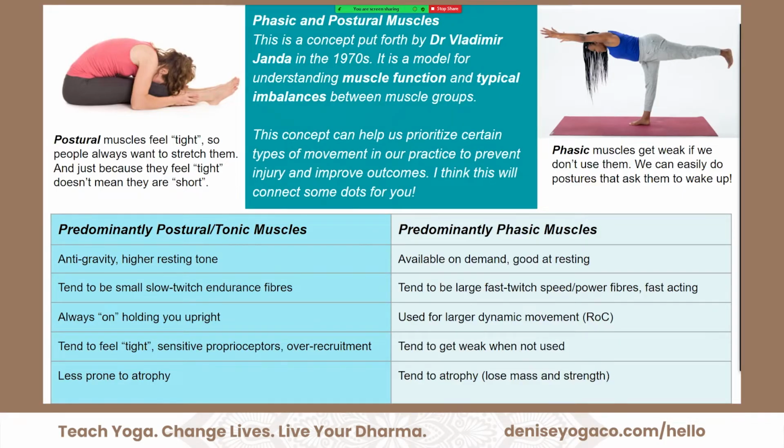Again, if you don't do things to make the phasic muscles work, they get weaker. They tend to get weak when they're not used. So phasic muscles are the ones that get weak. Your postural muscles are the ones that will feel tighter and tighter. If you're not using your phasic muscles, these ones are just going to get used all the time, and they'll be over-recruited.